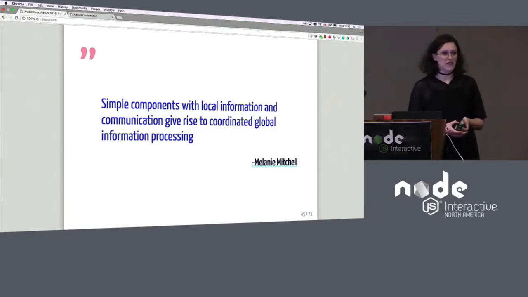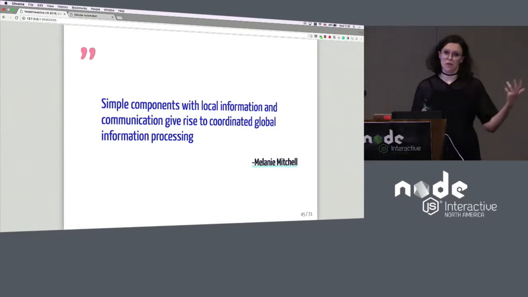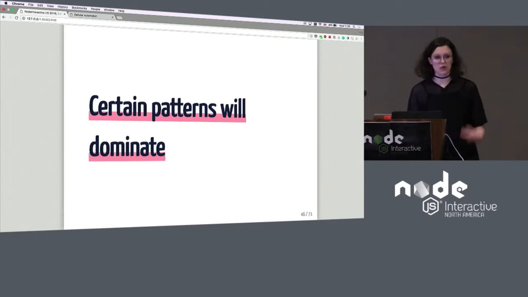So you end up having these simple components with local information, which is my state and my neighbor's state, and the fact that they communicate between one another, or they know the state of their neighbors, creates this rise of coordinated global information processing, which is a fancy way to say it's a pretty cool thing to do. You have these patterns that come up. People have done a bunch of research on the patterns, and as you can see, a bunch of them do dominate.